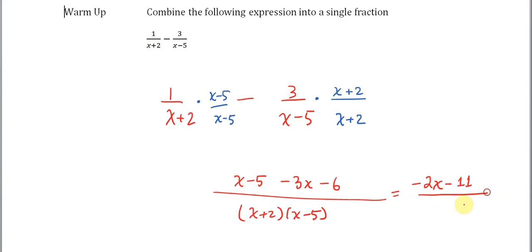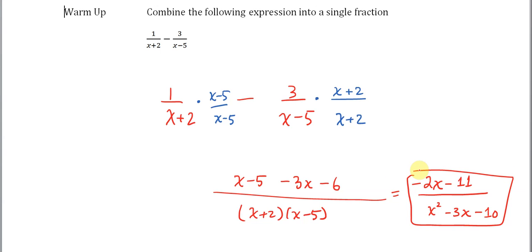And in the denominator, we are going to have x squared, excuse me, not plus 7x, it's going to be minus 3x, and then minus 10. And so this is our final answer.